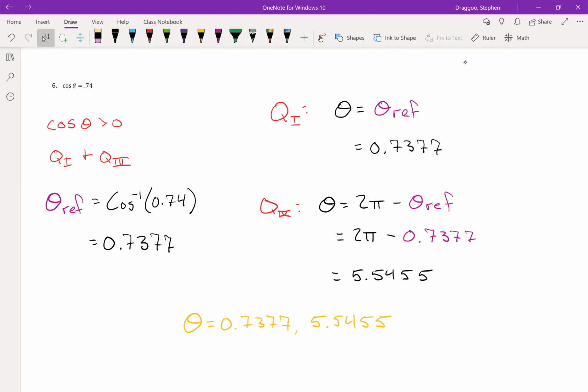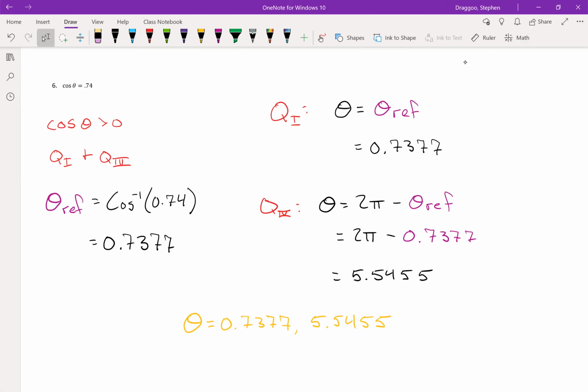So now to get my solutions that are between 0 and 2 pi, I just have to apply my reference angle to the 2 quadrants that I know I need to find solutions in. In the first quadrant, my solution is just the reference angle, so theta is 0.7377. Now in quadrant 4, my angle is going to be 2 pi minus the reference angle.